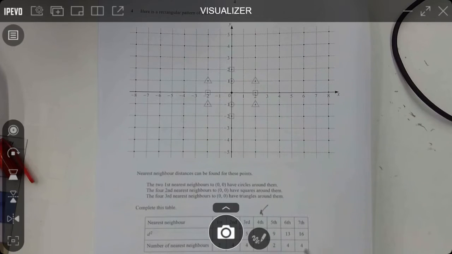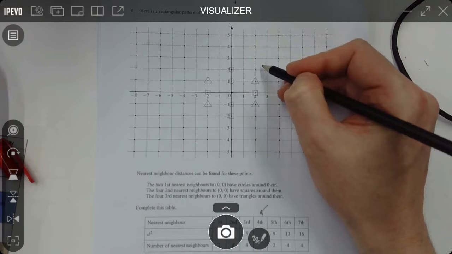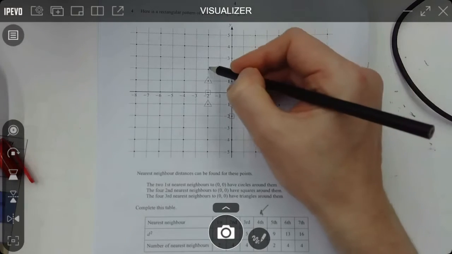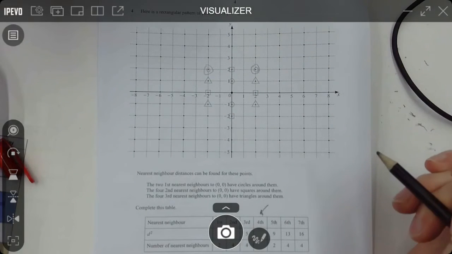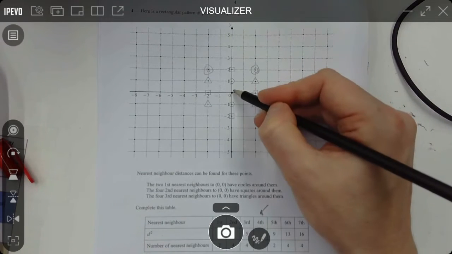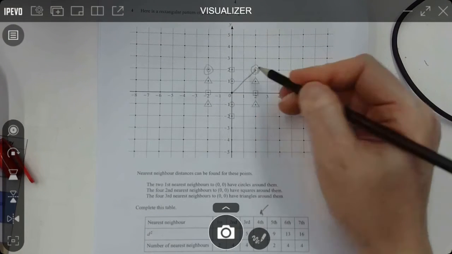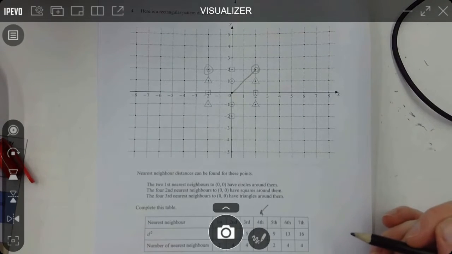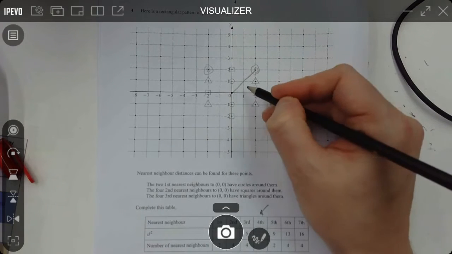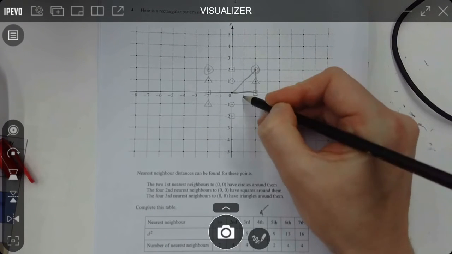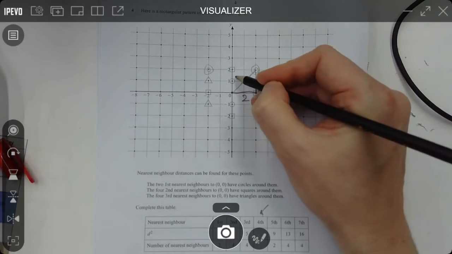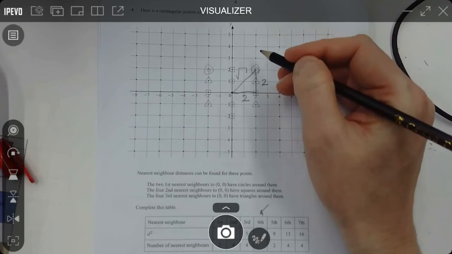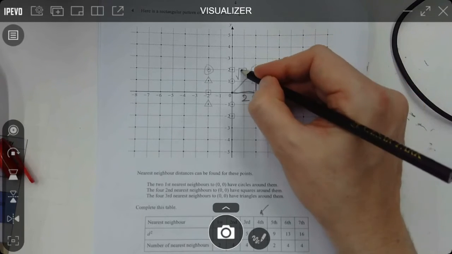Well, the next nearest neighbour is going to be here, if we follow the pattern that they've been showing. So if that's the next nearest neighbour, we've got to find the distance squared. Fair enough, it's Pythagoras again. If I know that is 2, then the square root of 2 squared plus 2 squared is the square root of 8.